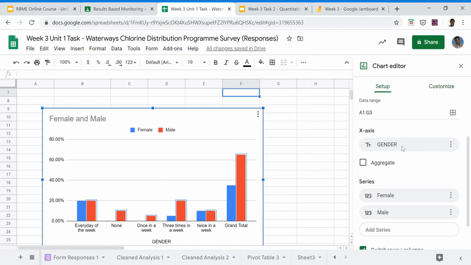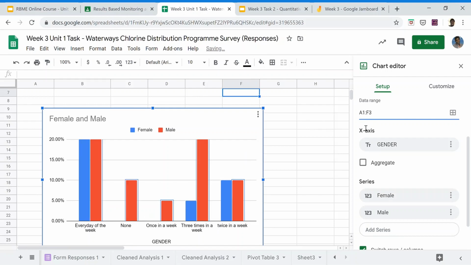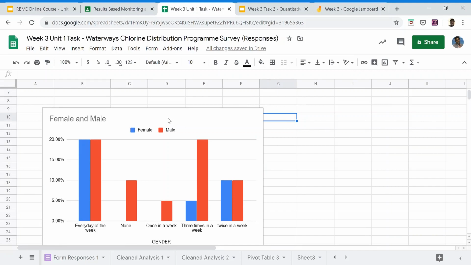I can actually remove it. So I have this. Makes it interesting, right?